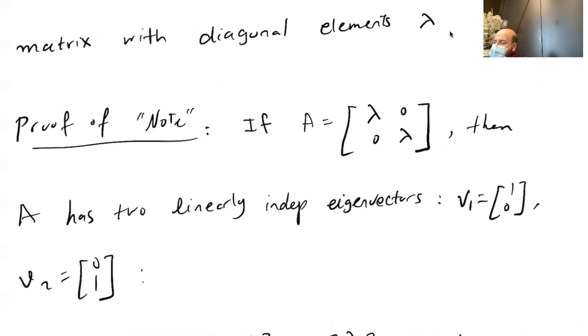We can simply consider V1 as (1, 0) and V2 as (0, 1), just elements of the standard basis. These two are linearly independent, and both are eigenvectors with eigenvalue lambda. Now that's one way. Now what about the other direction?